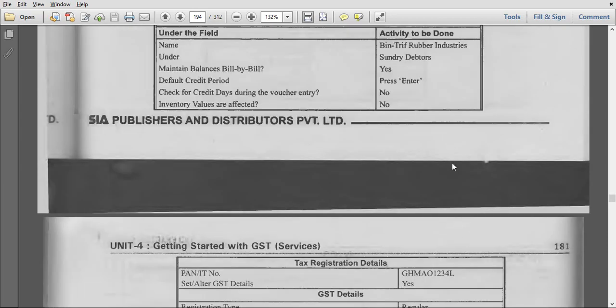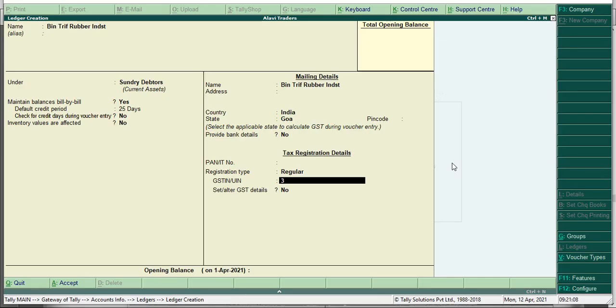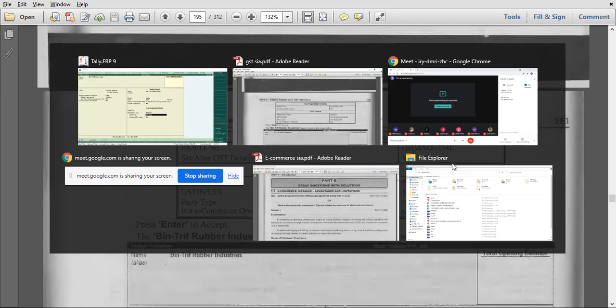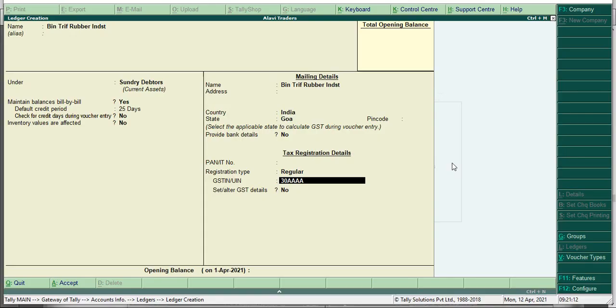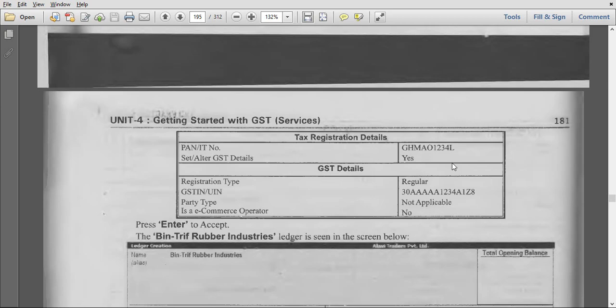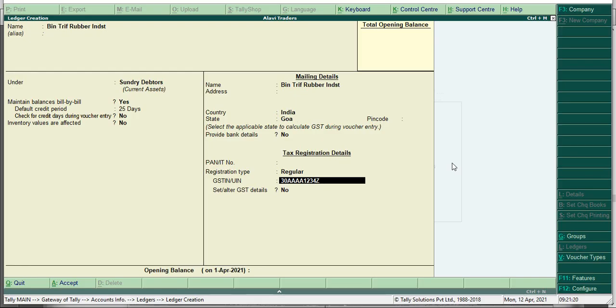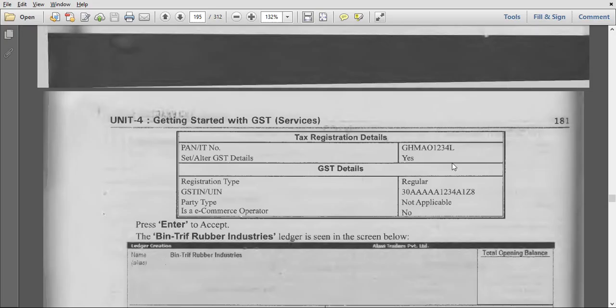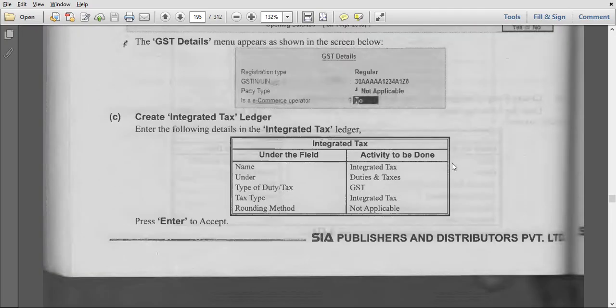So what is the GST number? 30 AAAA 1234 Z1, sorry, A1Z8. Enter. So any other ledgers we need to create?